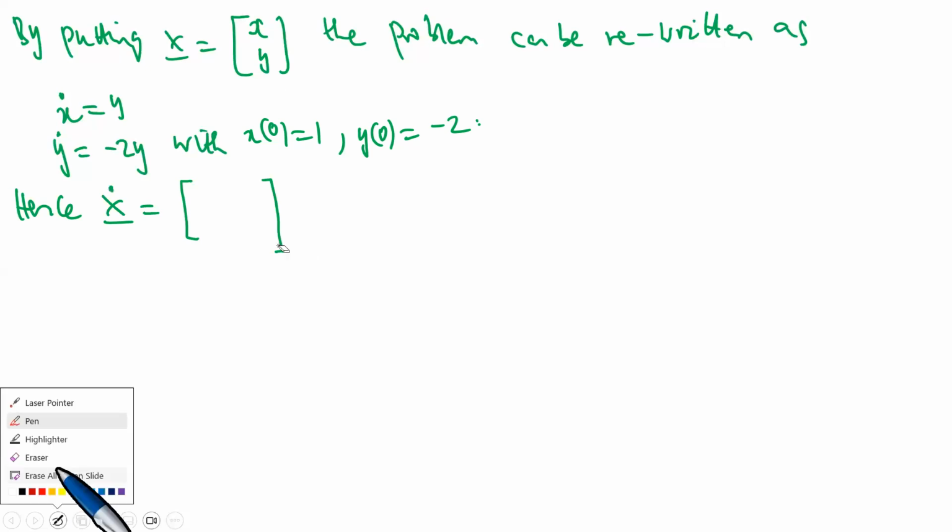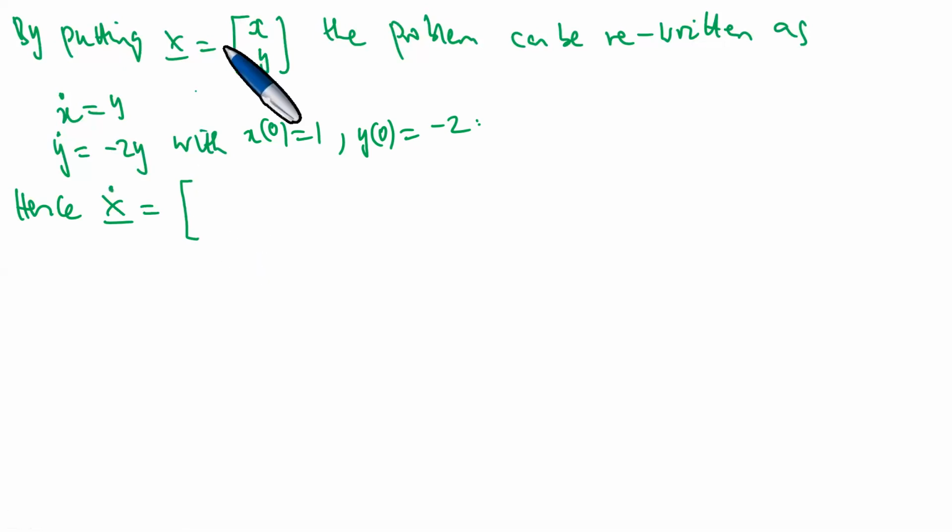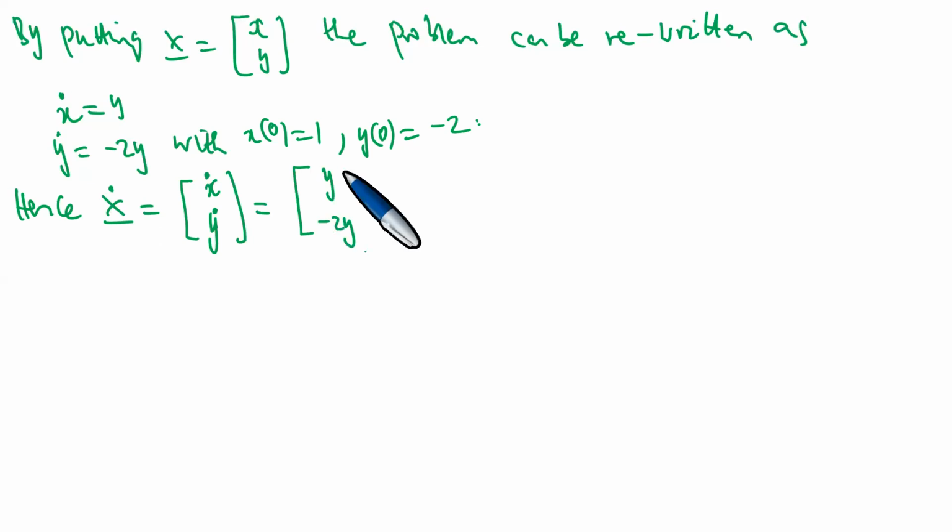This can be interesting to play with in terms of the notation. If x is this, then x dot is what? You differentiate this vector, which is the same as differentiating the individual components. So x dot is y, and y dot is minus 2y.